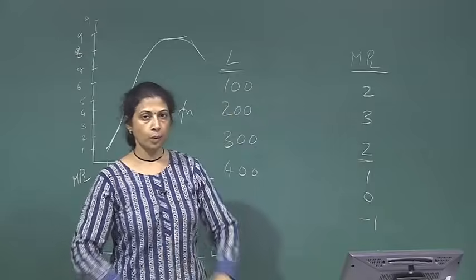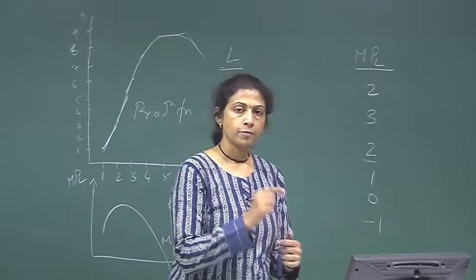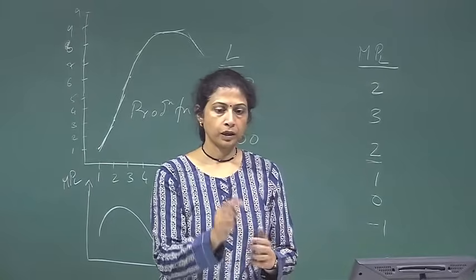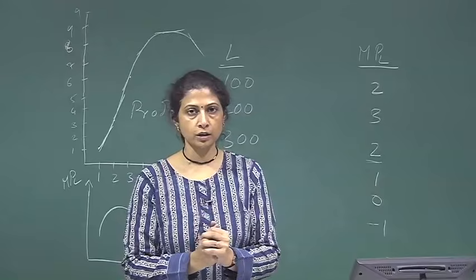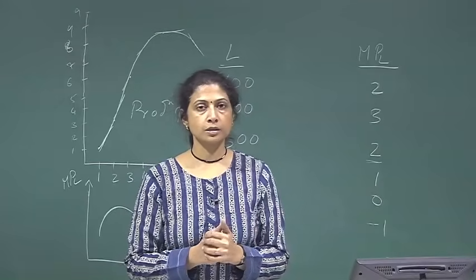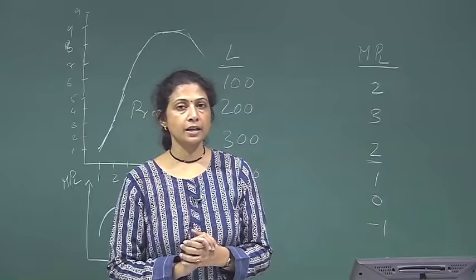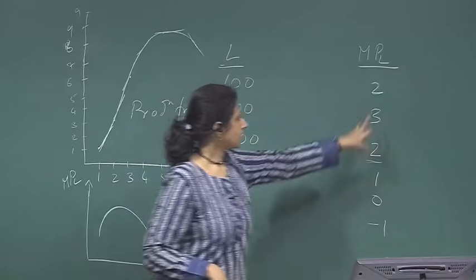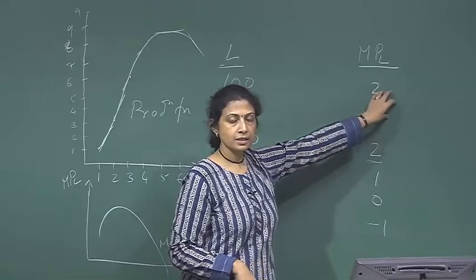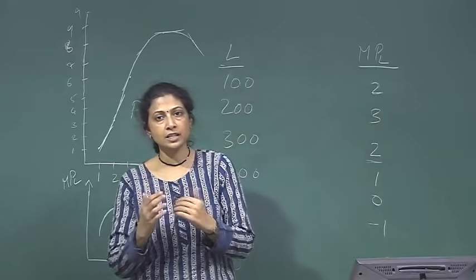So while hiring, he is going to say, if I hire the next person, this is the additional cost that I have to incur, which is rupees 100 in this case, and the additional revenue that I can hope to get by hiring this person is this additional amount that is getting produced multiplied by the price. So this is the trade-off that he looks at.